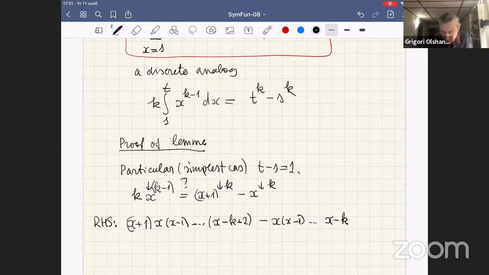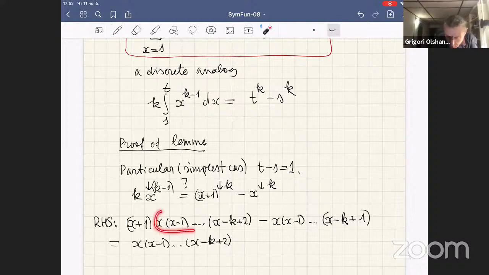With k factors plus 1, yes, it's correct. And this is just equal to x minus 1 and so on. So we take this part here and this part here.